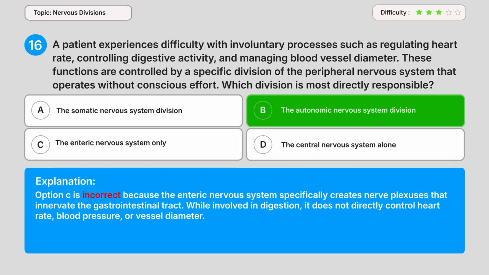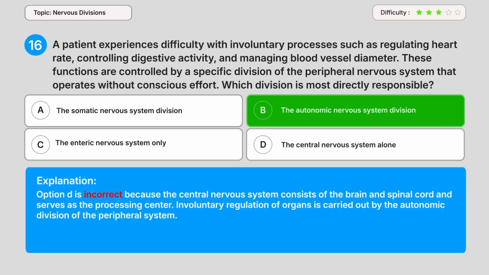While involved in digestion, it does not directly control heart rate, blood pressure, or vessel diameter. Option D is incorrect because the central nervous system consists of the brain and spinal cord and serves as the processing center. Involuntary regulation of organs is carried out by the autonomic division of the peripheral system.